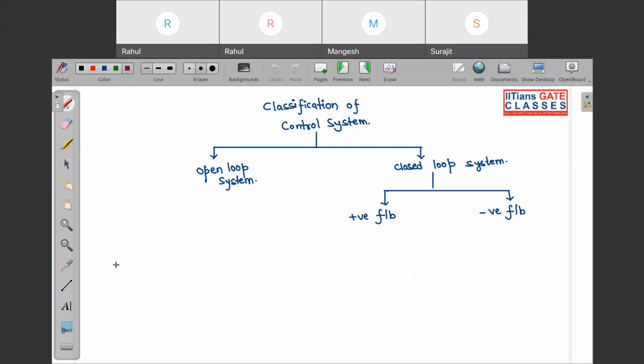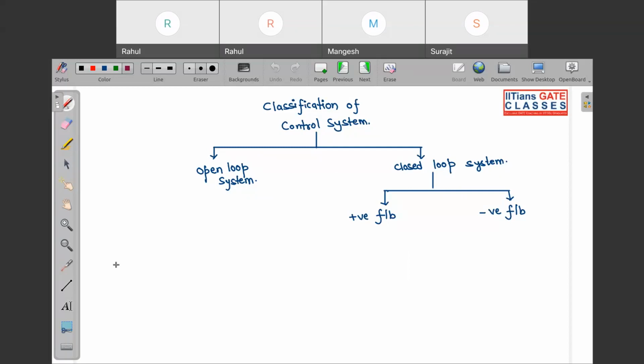Okay, fine. So what are the different kinds of classification of control system? Control system can be basically classified into open loop and closed loop. So I am talking about only classical control system over here. Okay, no non-linear control, distributed control, nothing, only your classical control system.